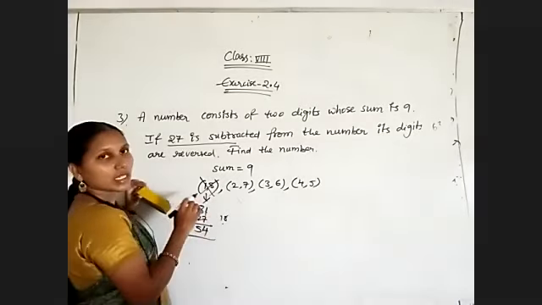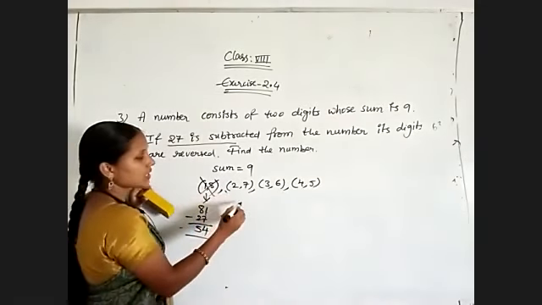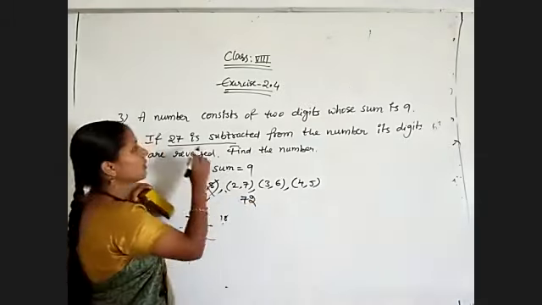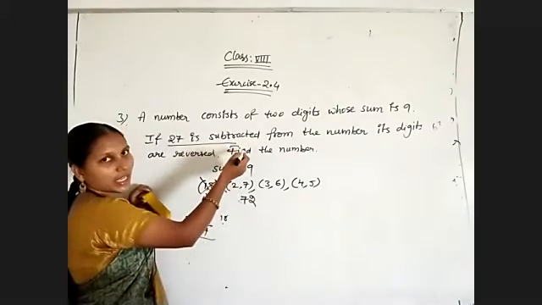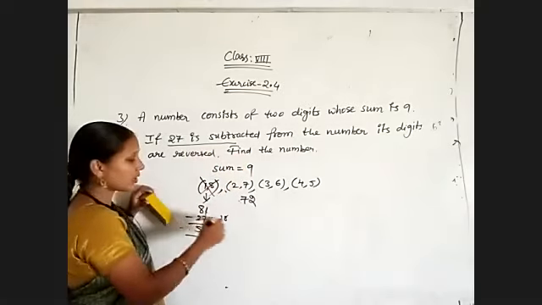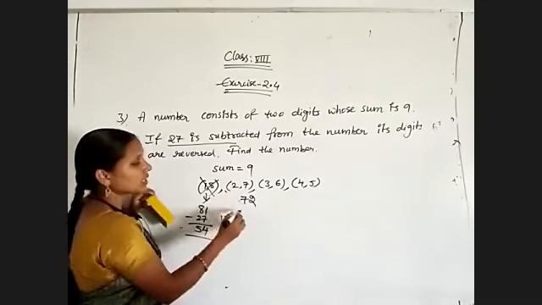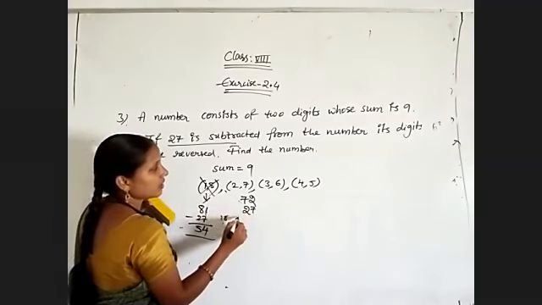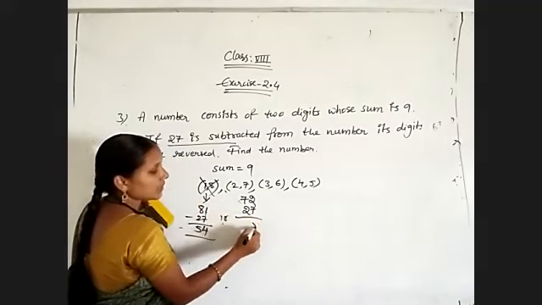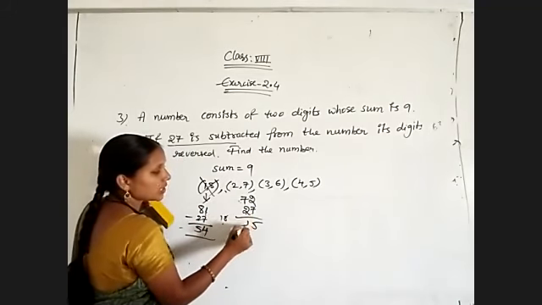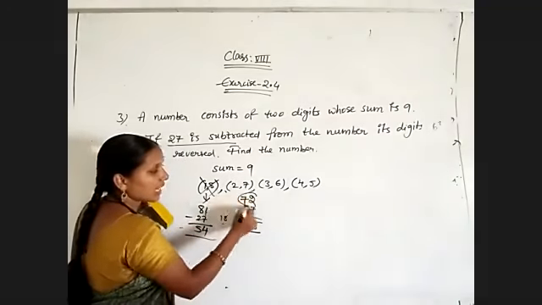Now coming to the 2 and 7 pair. That is, from the greater number, 72. When they say subtraction, it is from the greater number. If they say added, go for the smaller number and go for addition. Now we need to subtract 27. So 12 minus 7 is 5. 6 minus 2 is 4. 45 I got, but actually I have to get 27.